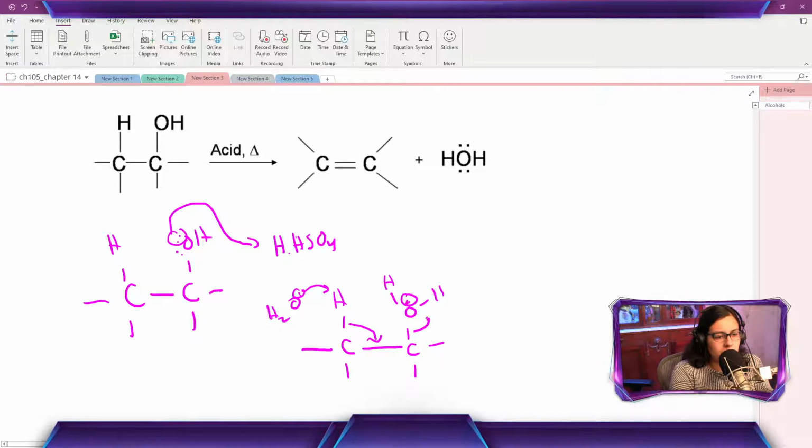And so this means that water will leave. So water leaves, and that gives us a double bond here. And of course, water.